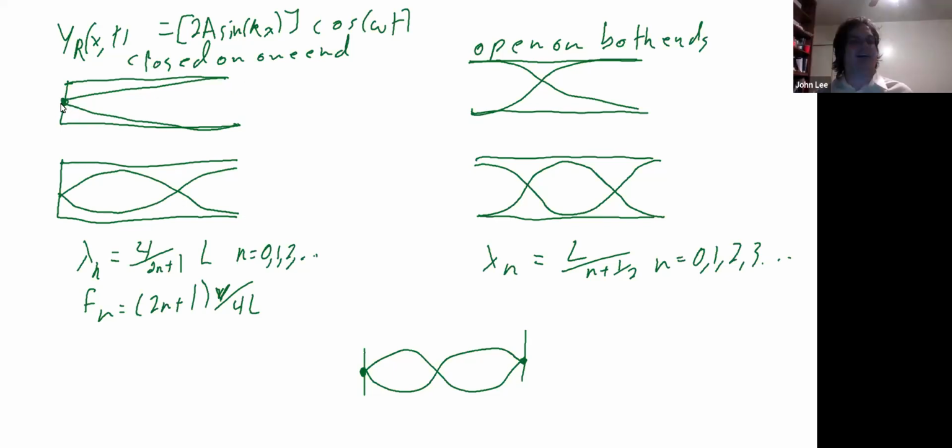So when you have a pipe that's closed on one end, the side that is enclosed is going to have a node at the end of it because it has so little room to vibrate back and forth, while the side that is open has a lot of room to vibrate back and forth and is therefore going to be open and an antinode.